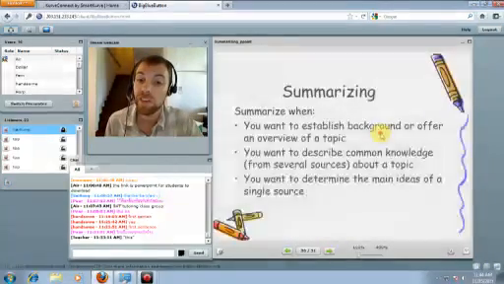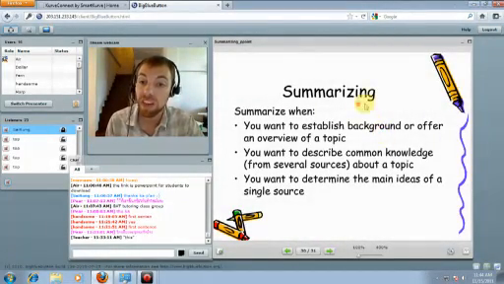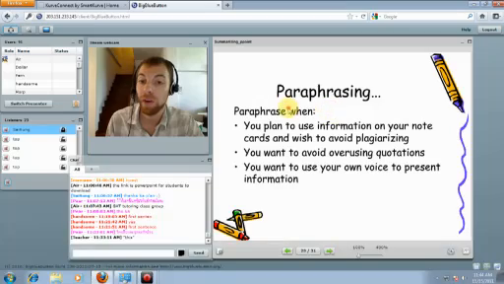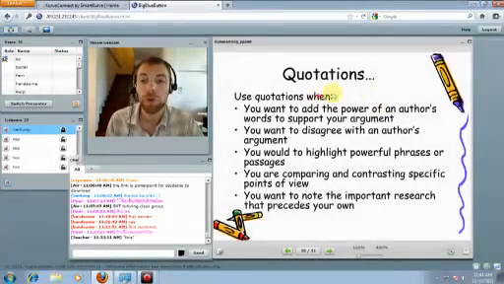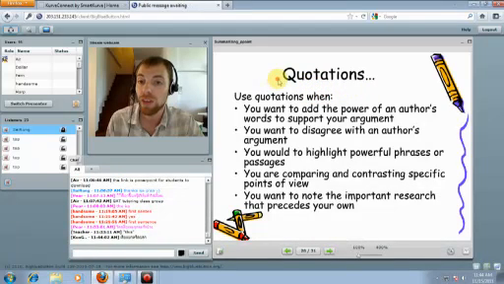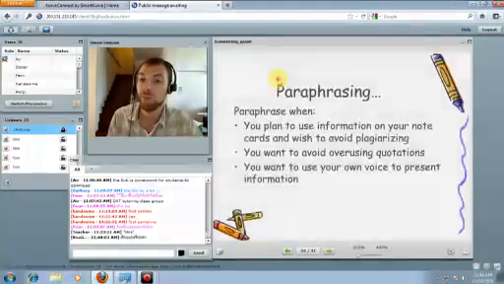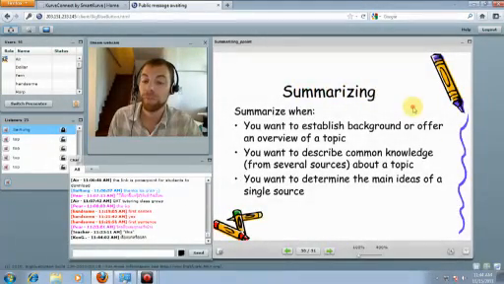You can summarize. And many times, summarizing, telling the main ideas, you use paraphrasing, and don't use quotations for summary. Quotations are usually a good detail, a good supporting detail to help the main idea.